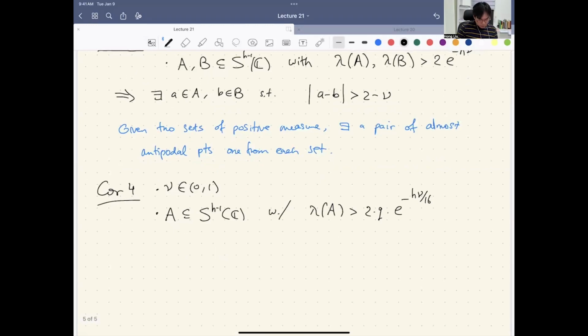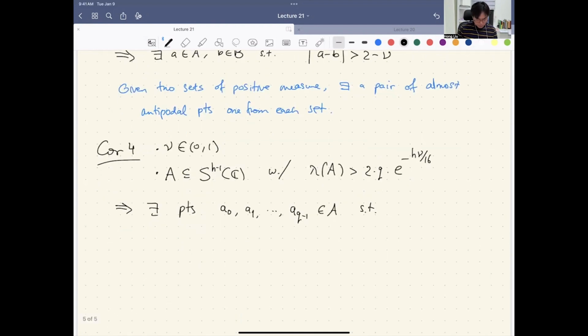Then there exist points a_0, a_1, to a_{Q-1} in A such that they are evenly spaced out, meaning rho^k a_k is very close to rho^l a_l, for k and l.